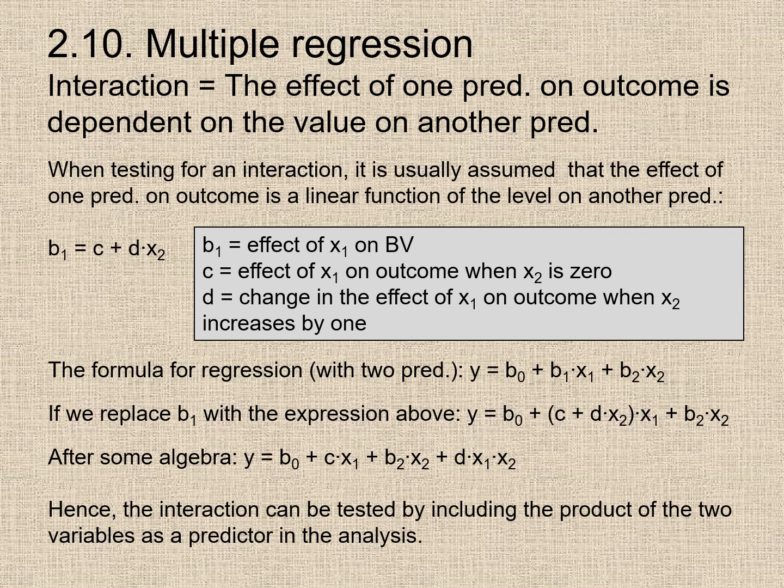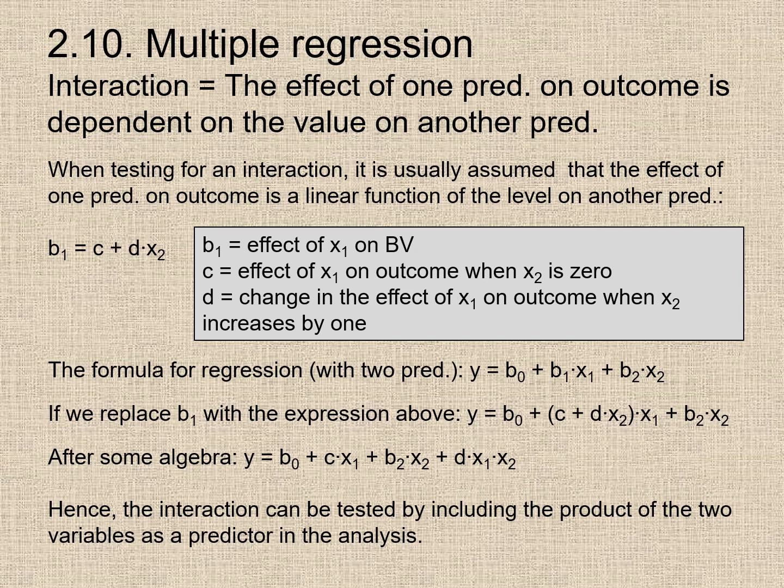If we now put in that formula instead of B1 here, that's what I change B1 to, the formula there. Keep the rest. And then we do some algebra here.